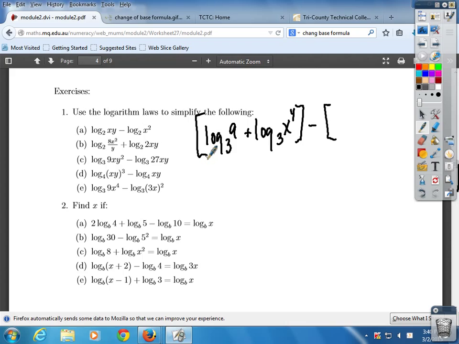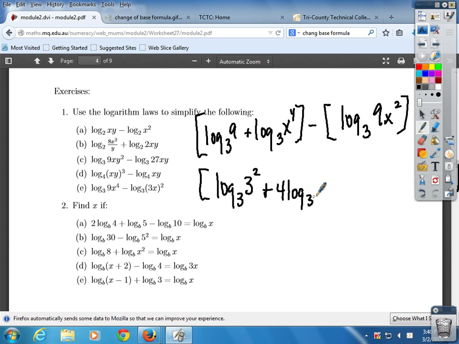All right, so I'm going to make this 9x squared, and that'd be log base 3 of 9x squared. So log base 3 of 3 to the 2nd power plus 4 log base 3 of x minus log base 3 of 3 to the 2nd plus 2 log base 3 of x.